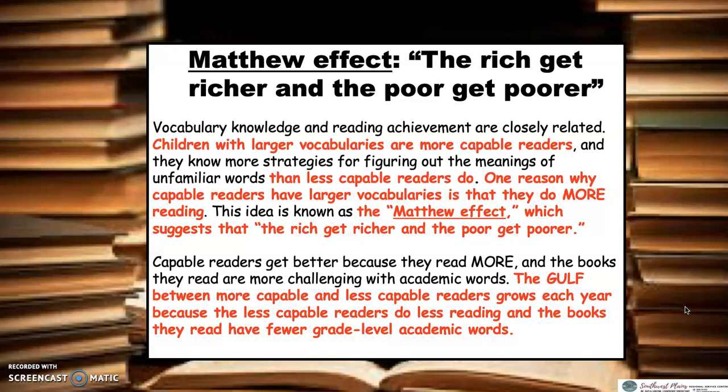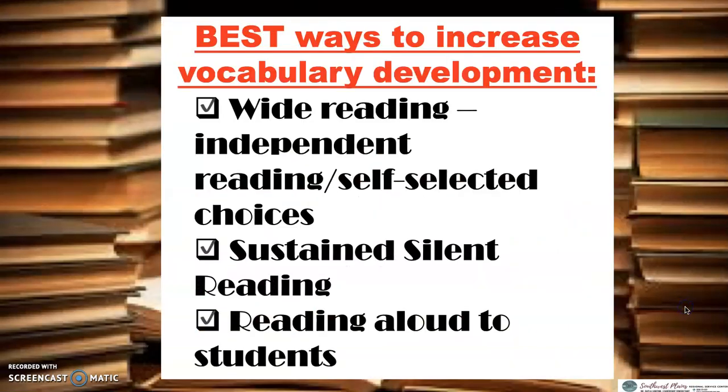Less capable readers read less and show fewer word learning strategies for figuring out unknown words. Alas, the gap between the more and the less capable readers widens with time. It is our responsibility as teachers to work to try and decrease that gap.